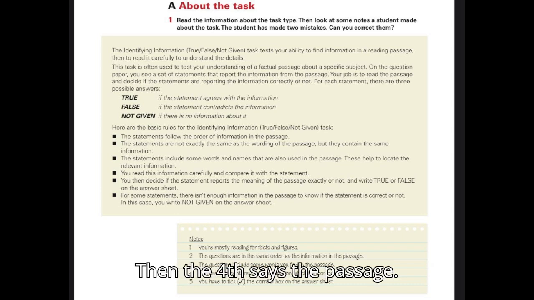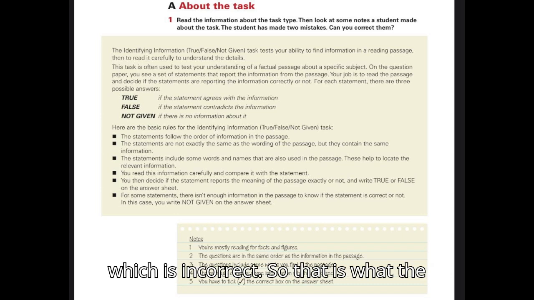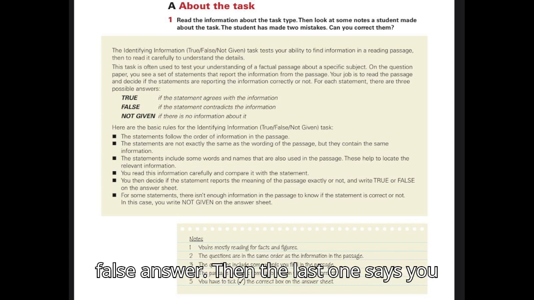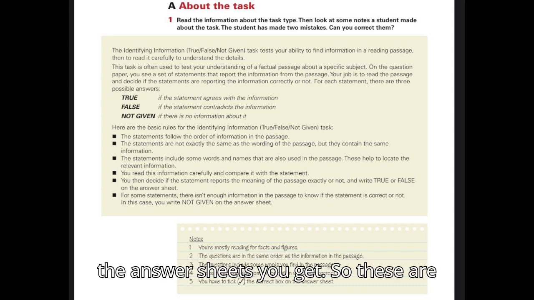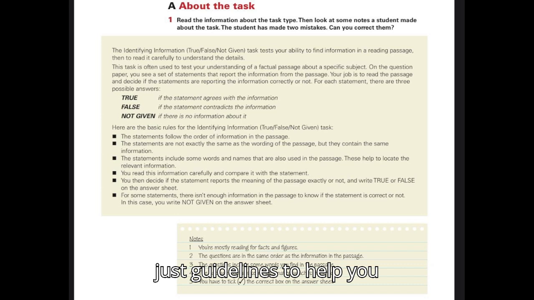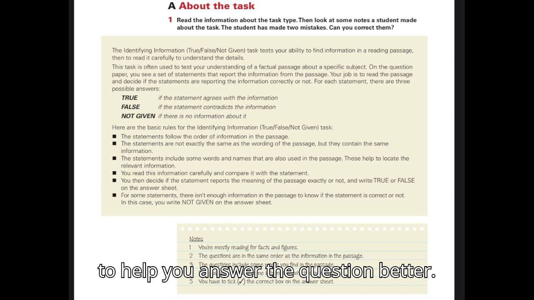Then the fourth says the passage contains some information which is incorrect. So that is a scenario where you're going to get the false answer. Then the last one says you have to tick the correct box on the answer sheet. Do you get? So these are just guidelines to help you answer the question better.